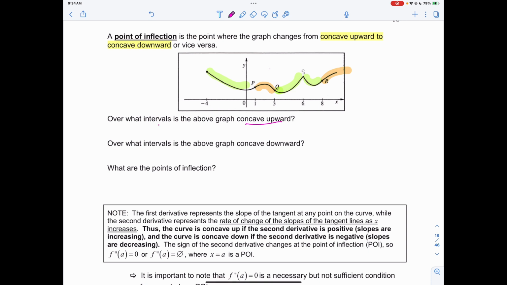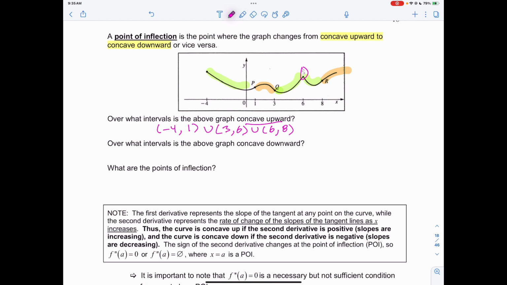Well, it's concave up from -4, the start here, until point P, 1, or from 3 to 6, from Q to S, or from 6 to 8. Now, be careful, we don't include the point S as being concave up because it's not, right? That's just going to be a cusp there.